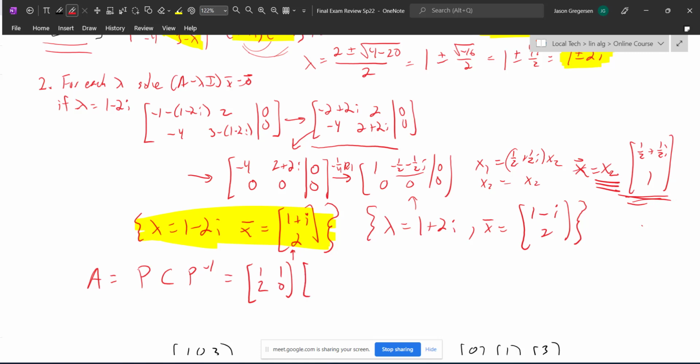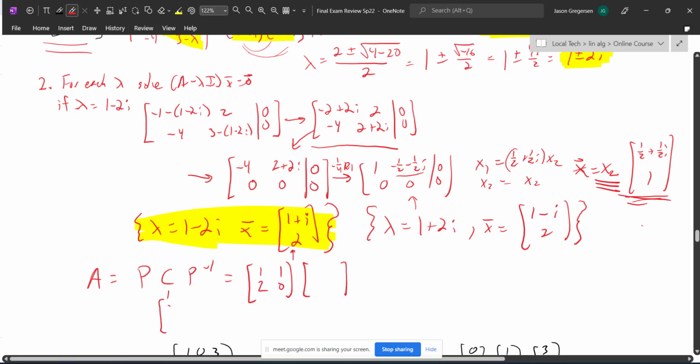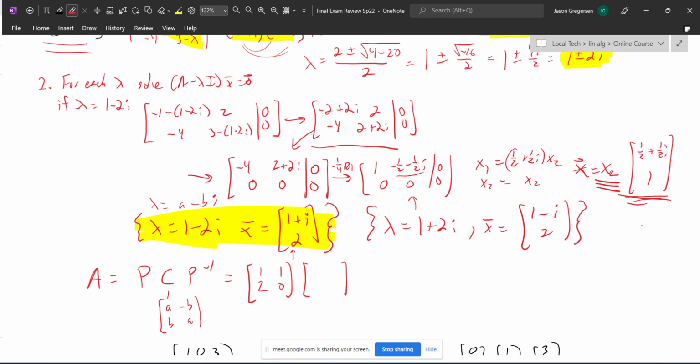Now the matrix C in general has the form [a, -b; b, a], where a and b are the real and imaginary parts of the eigenvalue. More formally, if lambda is a minus bi, then this is the formula for my matrix C. Because I'm starting with lambda equals a minus bi, that minus sign is built in here.